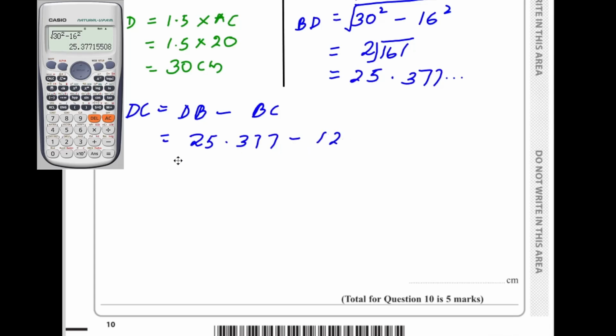So once we subtract these two, we are getting the answer 25.377 minus 12, which is 13.377. We need to leave our answer to the third significant figure. Therefore, it will be 13.4.